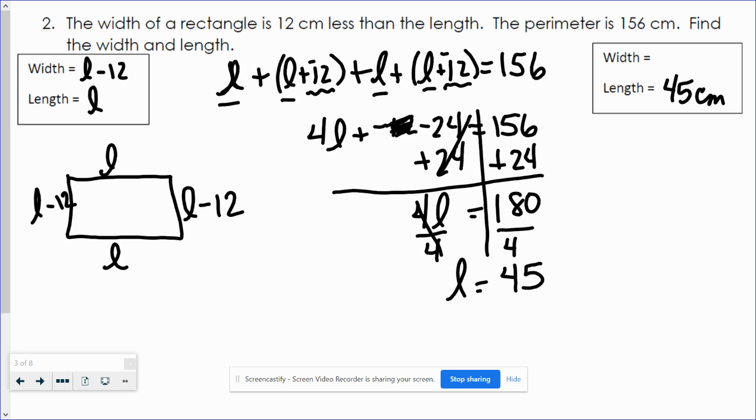So this is 45, and 45 minus 12, that would be 33. And again, you can feel free to go all the way around and label that this one's 45 and this one is 33. And if you add all those up, that'll give you the 156, which we had for a perimeter up here.